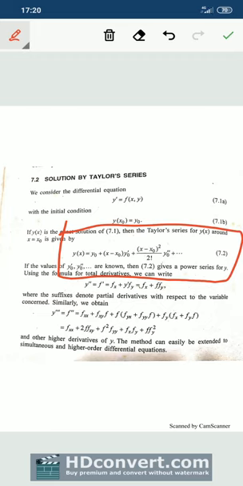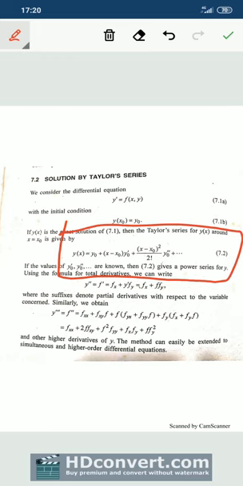It depends on how close you want your approximate solution to the exact solution. That means if you want an accuracy of 7 decimal places, 8 decimal places, and so on, based on that you can decide, right?